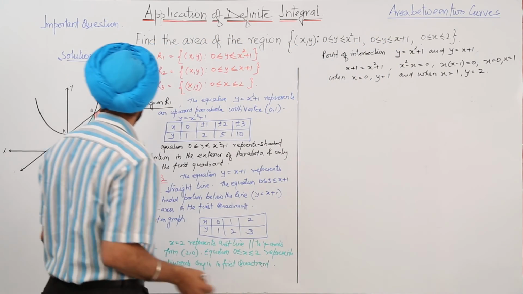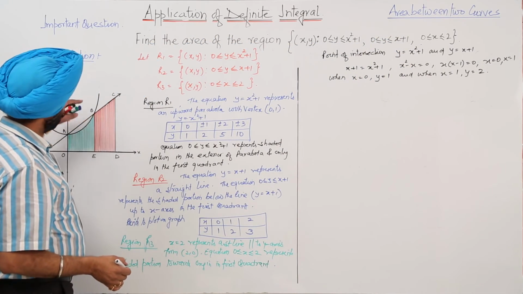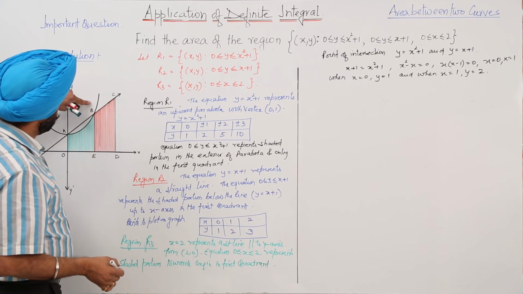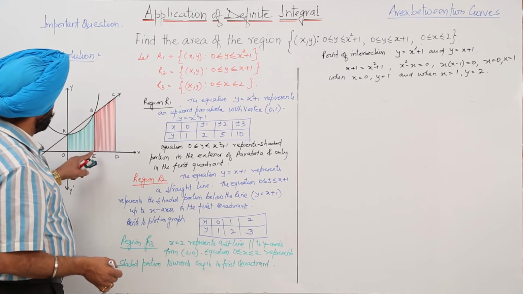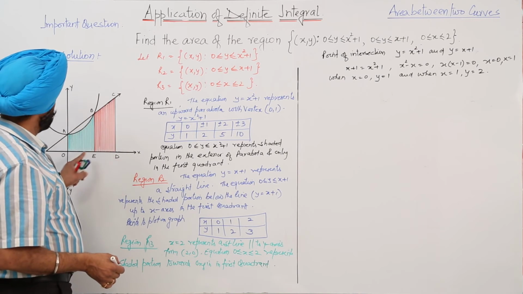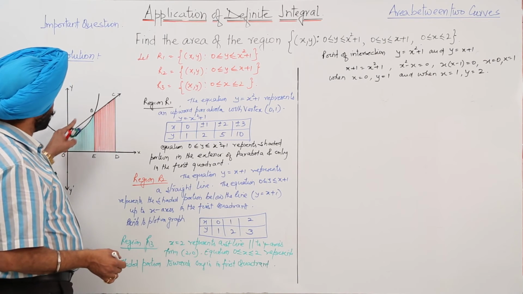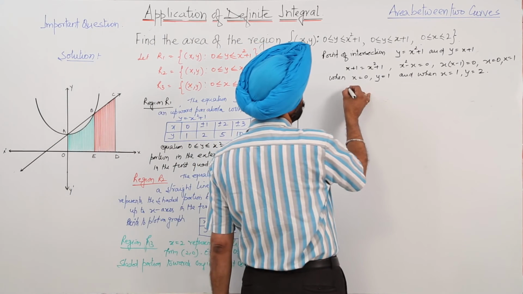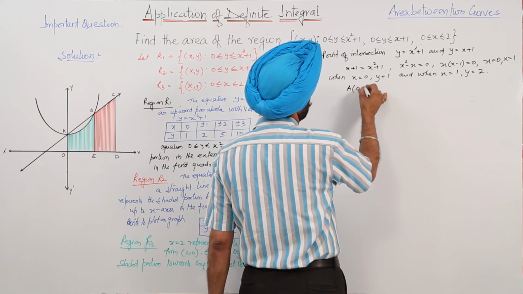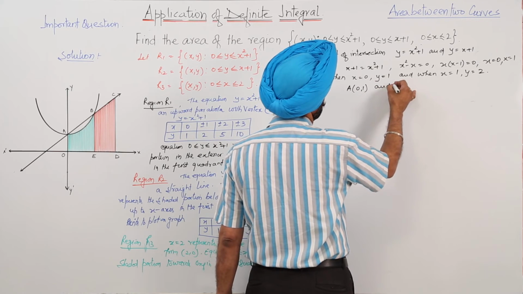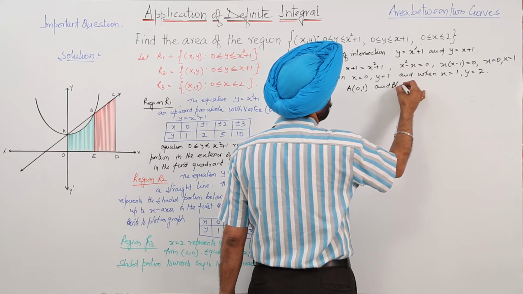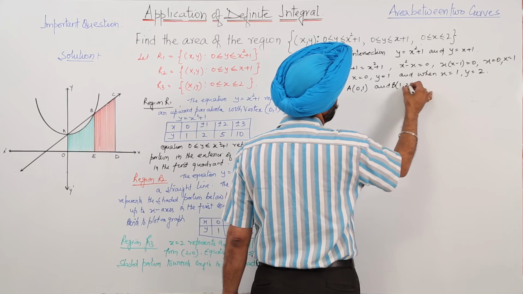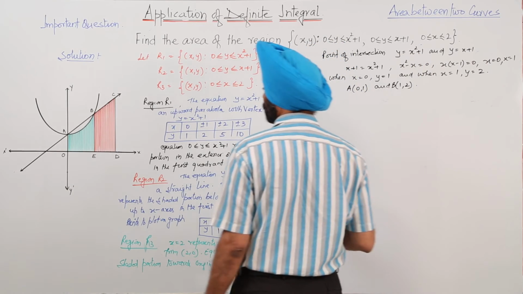So, we are having for the parabola and a line, they are meeting at (0, 1) and (1, 2). Okay. So, coordinates of A are (0, 1), and coordinates of B are (1, 2).